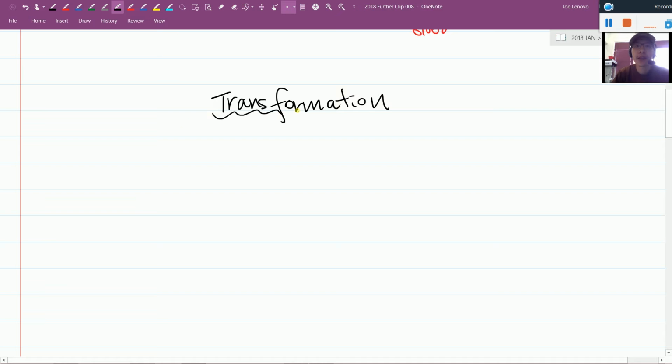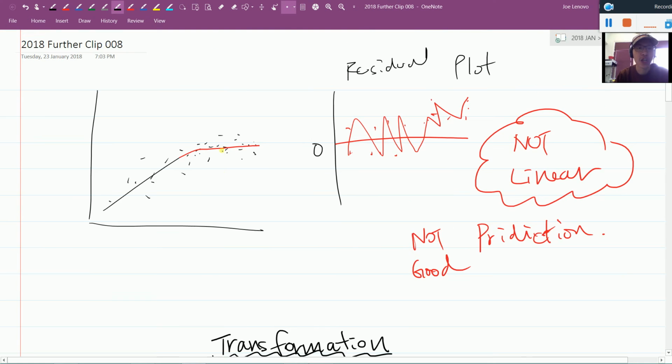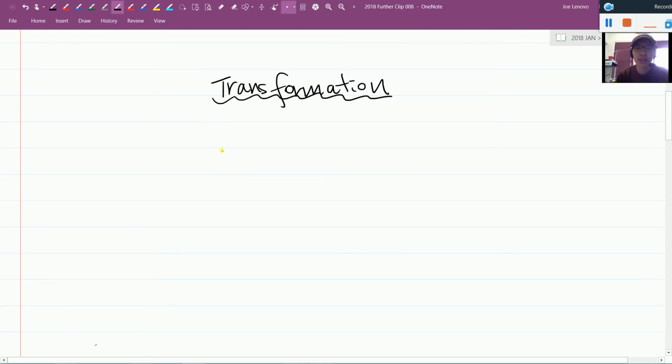Transformation means one thing, which is trying to modify the data that we have, such as the one above here that is nonlinear. There's one purpose for transformations: try to make it more linear. And more linear helps us to realize that the projection would be good.